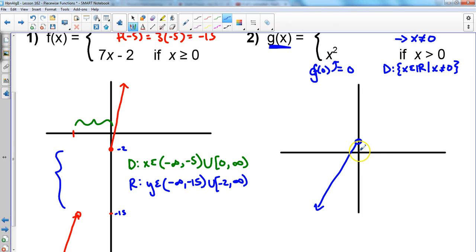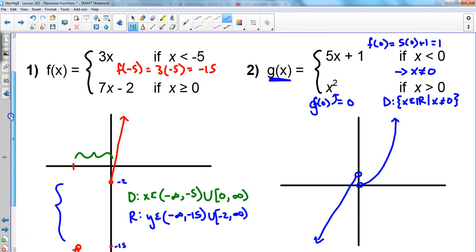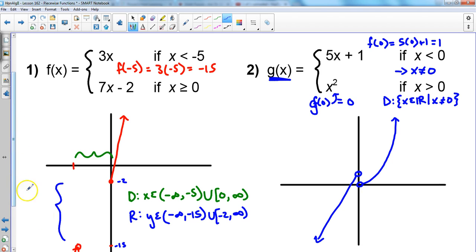So I'm going to have a point here. Again, this is going to be an open dot. And then it's going to follow this rule. It's going to look like a quadratic function. So it's going to look something like that. So this is what this piecewise function is going to look like. That's the graph of this piecewise function.